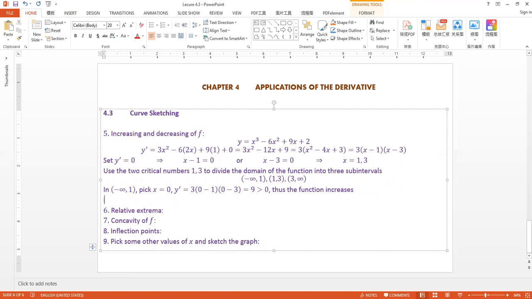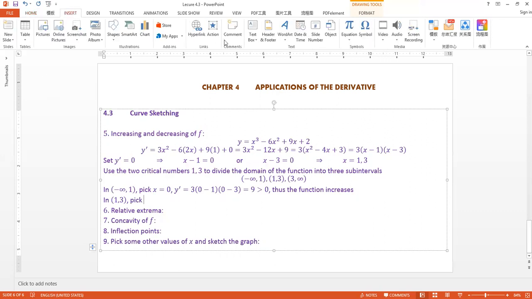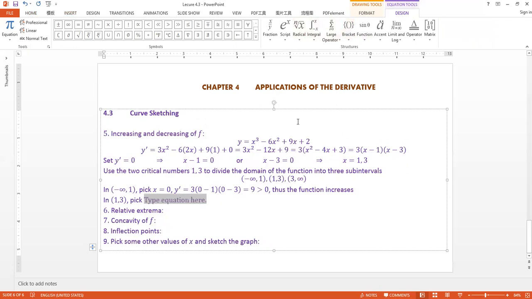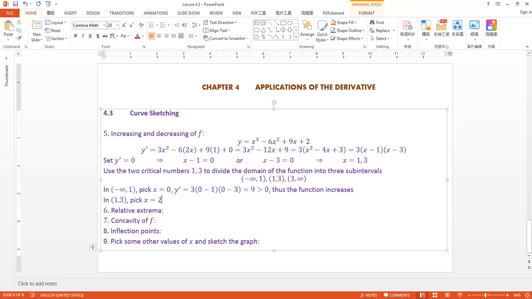Then the same thing for the second subinterval, from 1 to 3. Once again, we just pick a test value. This time we're going to pick x equal 2, which is between 1 and 3. And then we just do the y prime again. y prime is 3 times 2 minus 1 times 2 minus 3.